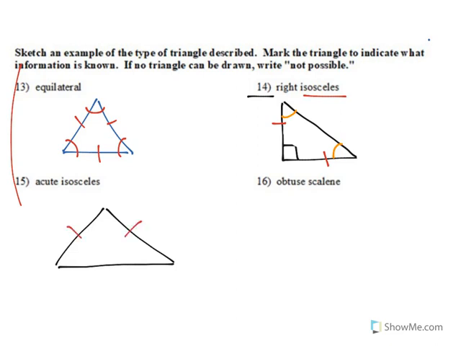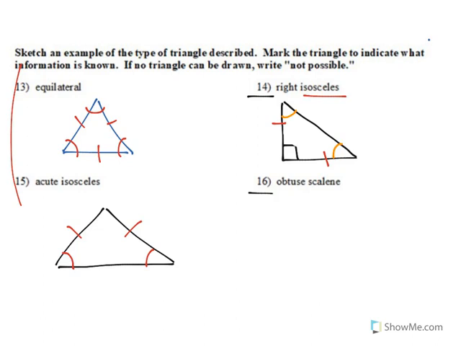Okay, so I'm told I have isosceles, which means these here must also be equal because that angle is the opposite of that side, and that angle is the opposite of that side. So this is what we're working with, an acute isosceles. You notice all the angles are acute as well.